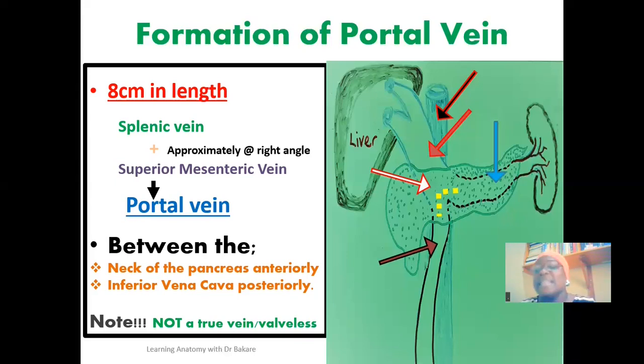Valves are not seen to be located within the portal vein and also its tributaries. So this kind of difference that the portal vein presents, when you compare it to the normal configuration that is seen in the other veins in the body, shows that it is not a true vein in this regard, because it is carrying nutrient-rich blood, and it is also valveless, which is not seen in the other veins in the body.